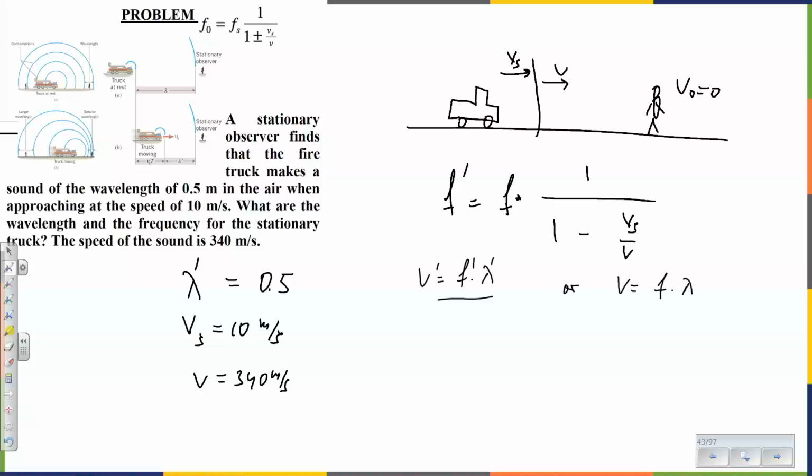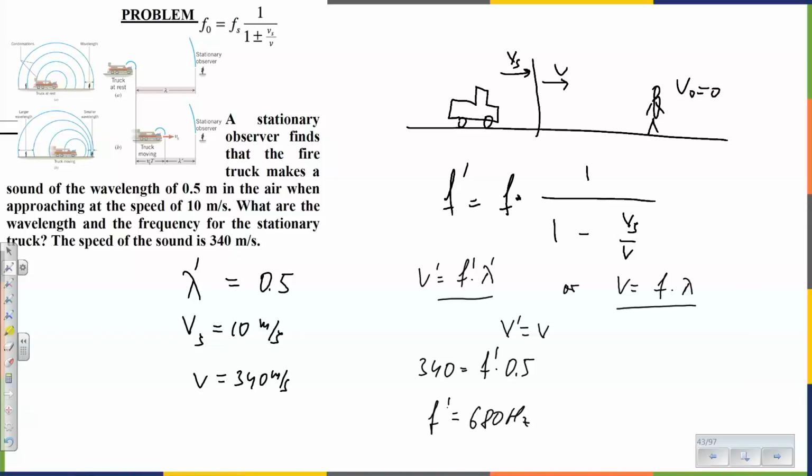In this equation, all variables related to the observer, actual case, what's happening here, nothing has been moved. But we know that in this situation, these are the same. And we can use this equation, set it up, 340 will be equal to the frequency times wavelength. So the frequency will be equal to 340 over 1/2, 680.